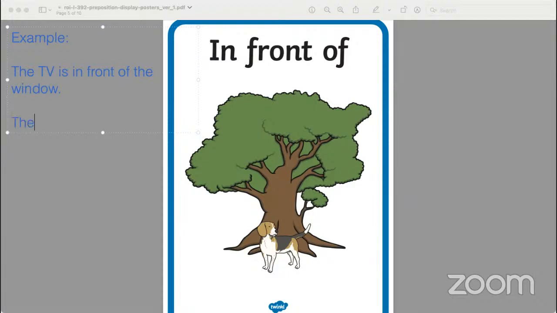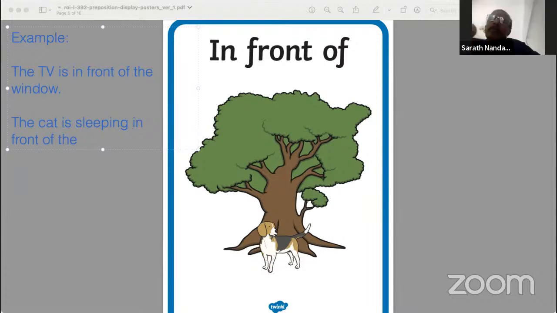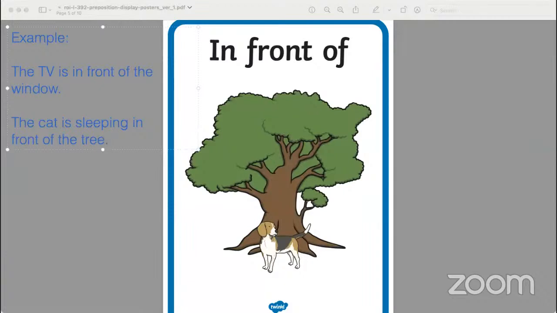Or another one, the cat is sleeping in front of the tree.